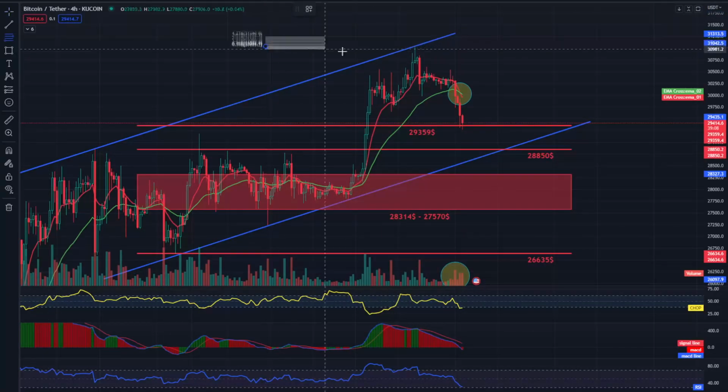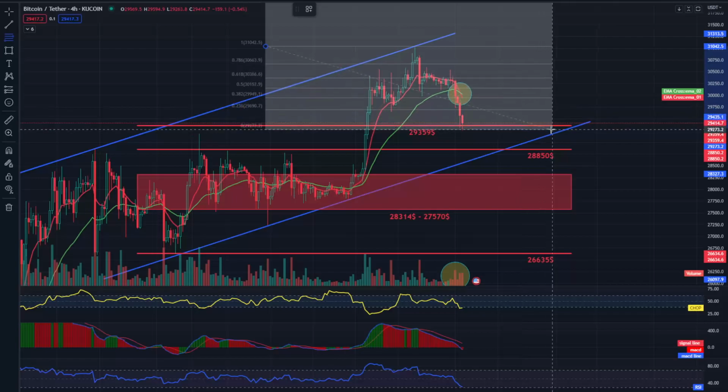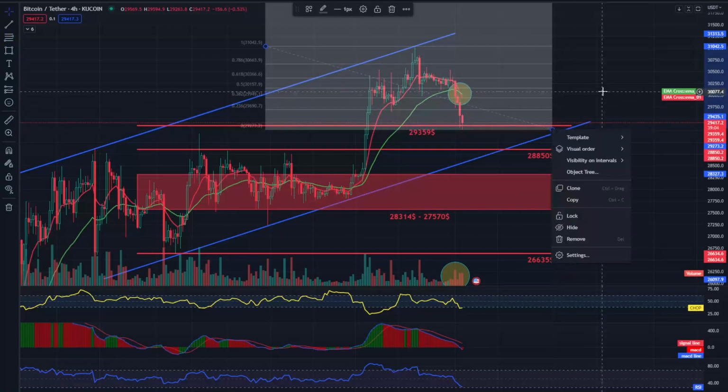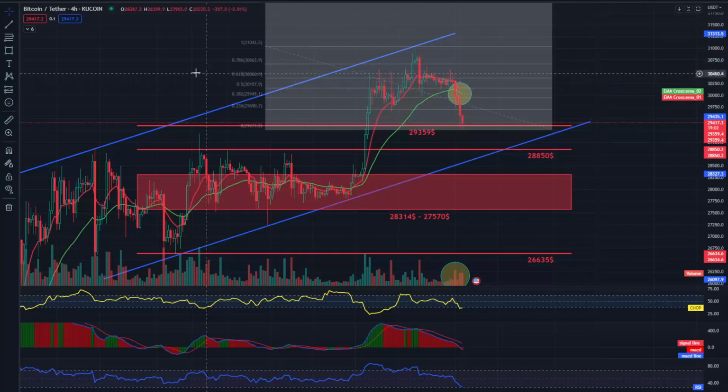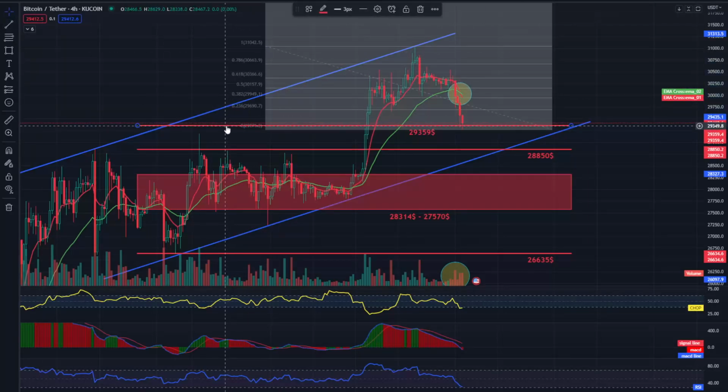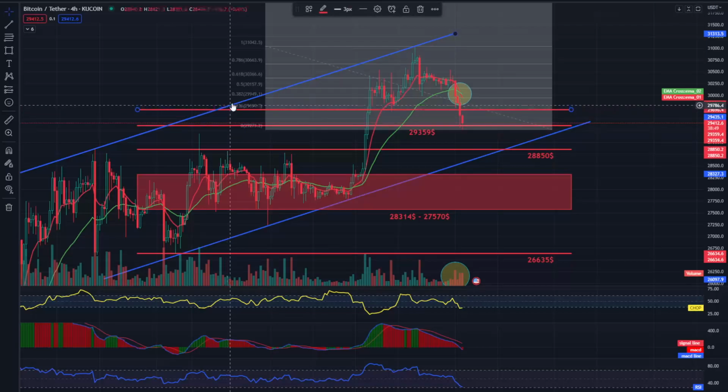Looking the other way, in a similar way using the fib retracement tool, we can determine the places of resistance. The first resistance is at $29,696.